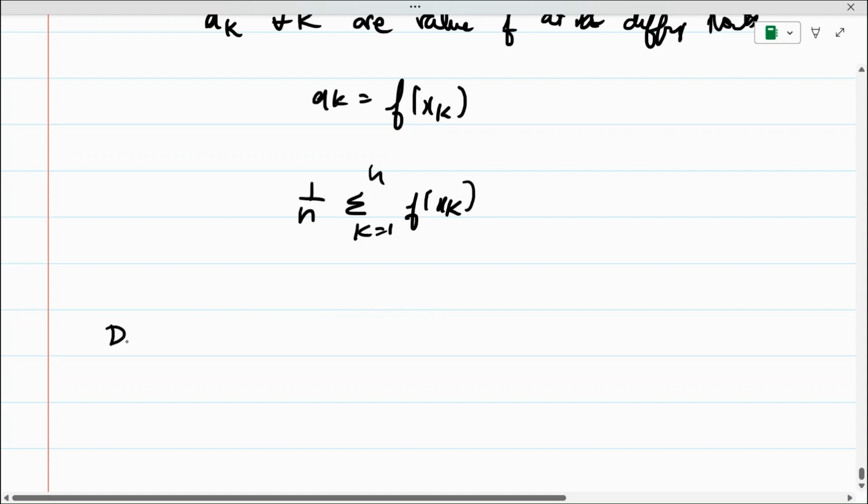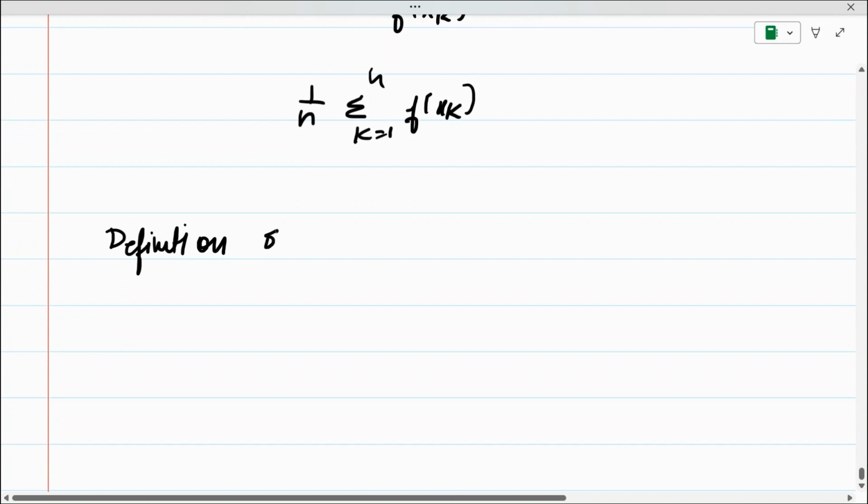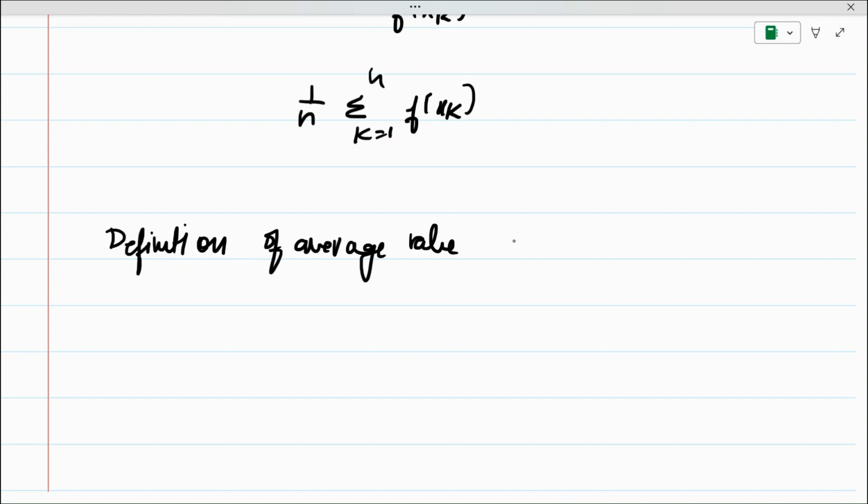So then we come to the definition of the average value of a function. The main reason why we don't use this is because this is finite, so this is in an interval, so there can be an infinite number of points in that interval.